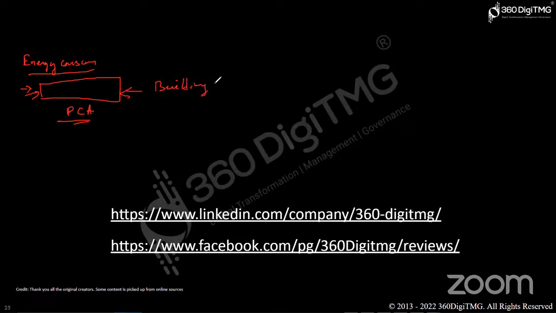We know that the building sector is a major source of energy consumption. Also, it is a major source of greenhouse gas emission. But the thing is, a large amount of data is being generated. So in this project, we used PCA to reduce the size of the model, because it is a very high dimension model.